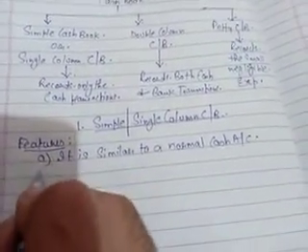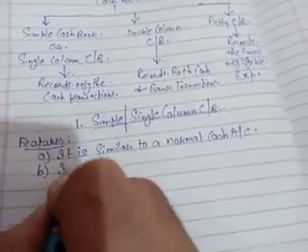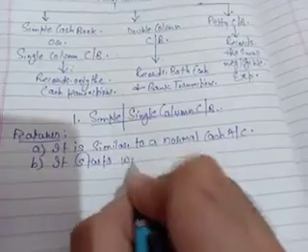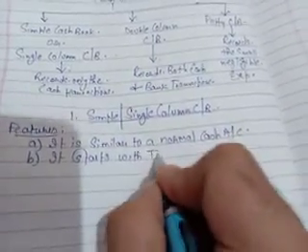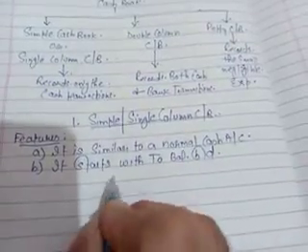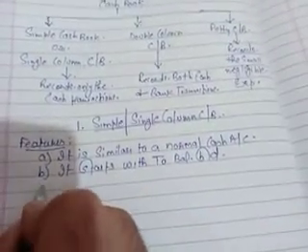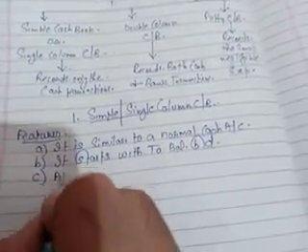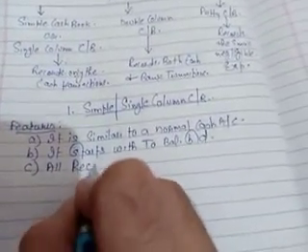B, it starts with to balance brought down. Is it okay? Next feature of a simple cash book is all receipts.